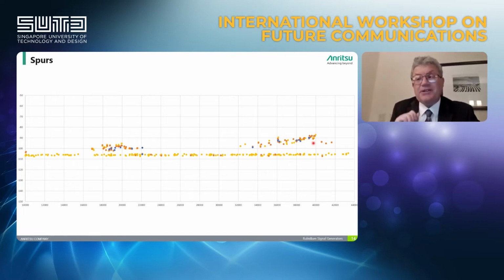An interesting question is whether they belong to the rubidium signal generator or the test equipment we use, which is never perfect at all. So overall, we have very low spurs, in the order of minus 100 dBc or below.